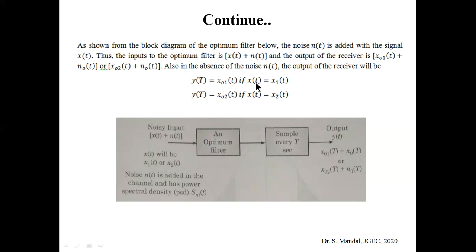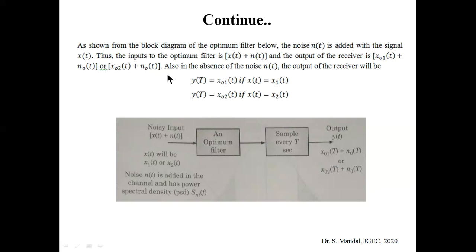When x(t) equals x1(t), that means when 1 is transmitted, the output will be y1 = xo1(t) plus no(t), and when 0 is transmitted, that means when x(t) equals x2(t) or minus A, in that case y2 will be xo2(t) plus no(t).